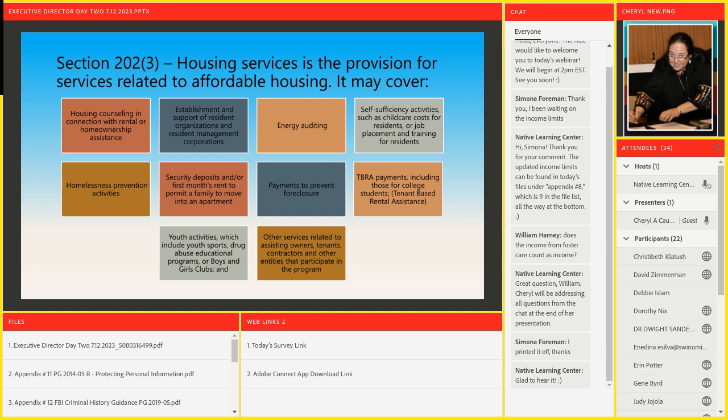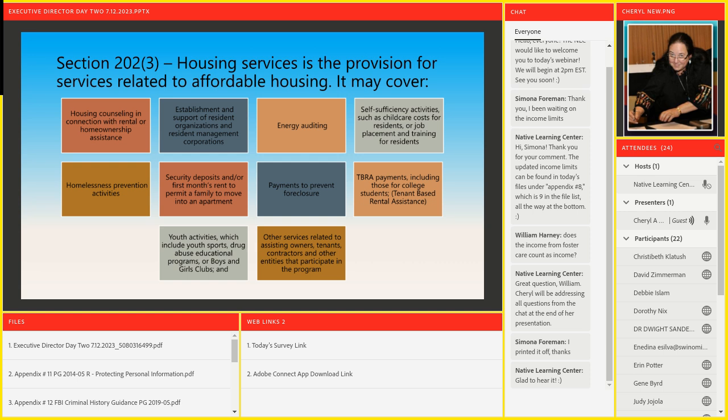Section 202.3 is housing services, which you can offer. It is the provision of services related to affordable housing. It can cover housing counseling in connection with rental or homeownership assistance, and establishment and support of a resident organization or resident management corporation. You can do energy auditing, and self-sufficiency activities such as childcare costs for residents, job placement, and training for residents.